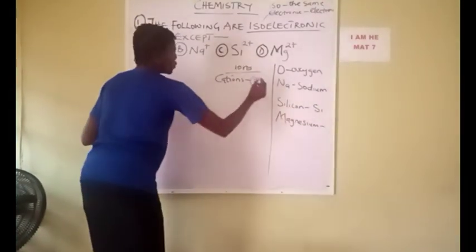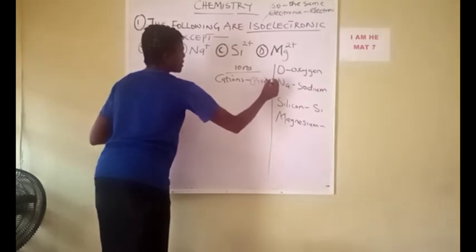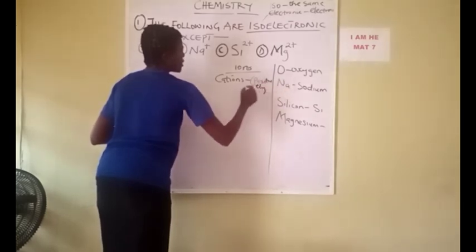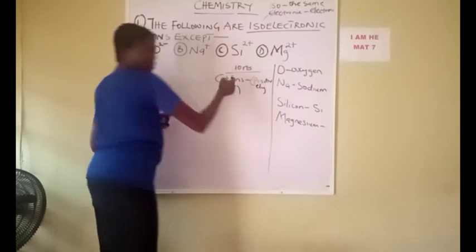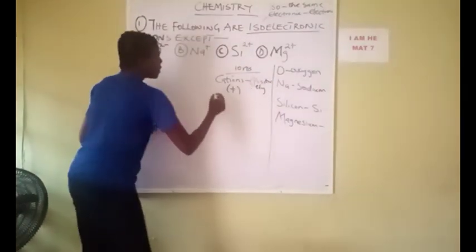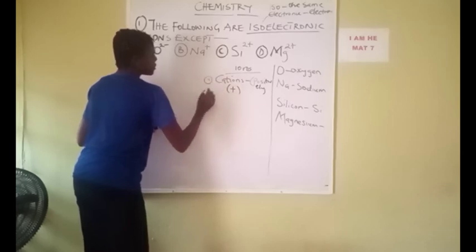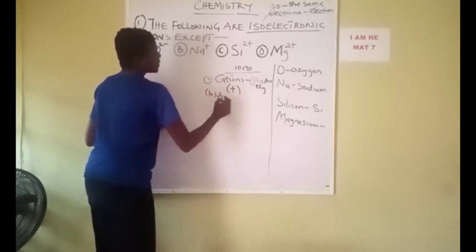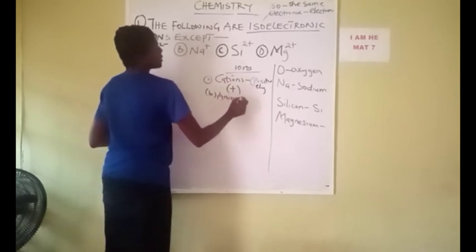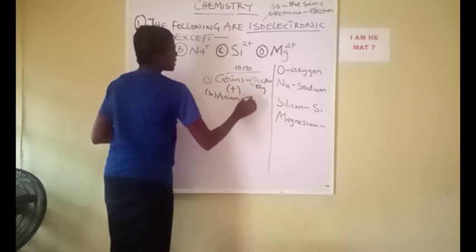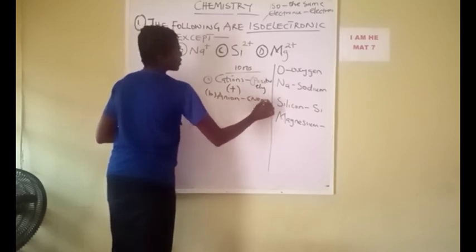Okay, so positively charged, that's having a charge of a plus sign. So the anions are negatively charged.